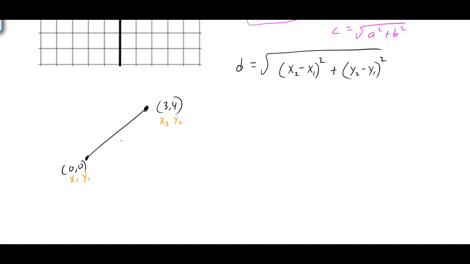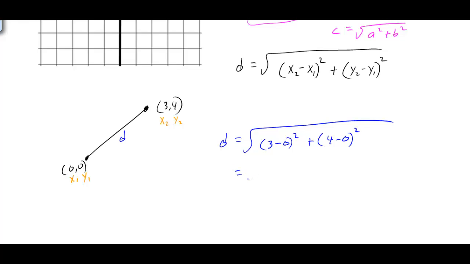So then if we're looking for the distance, our distance is simply going to be the square root of x2, which is 3, minus 0, or x1, squared, plus y2, 4, minus 0, squared.